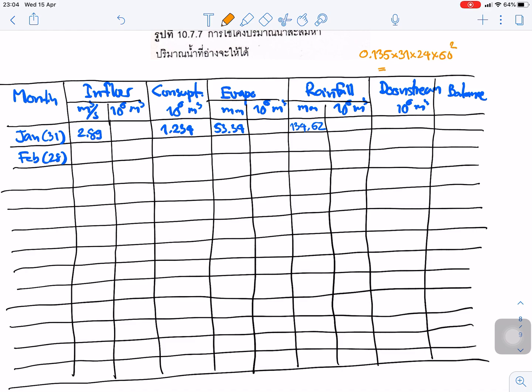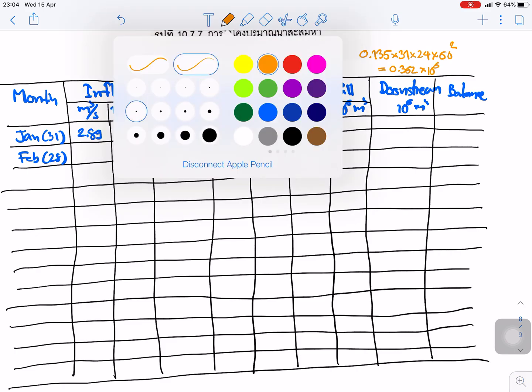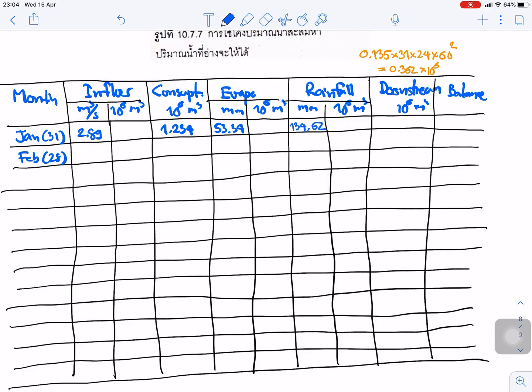We got like, so this should be 0.362. Okay, so that is how to calculate the downstream volume.